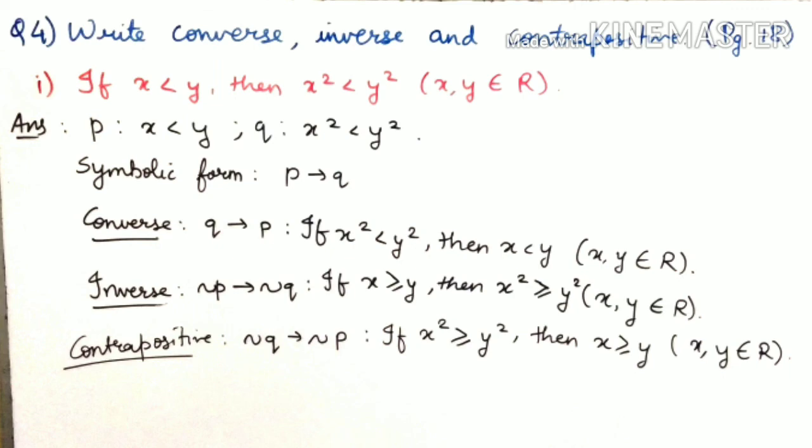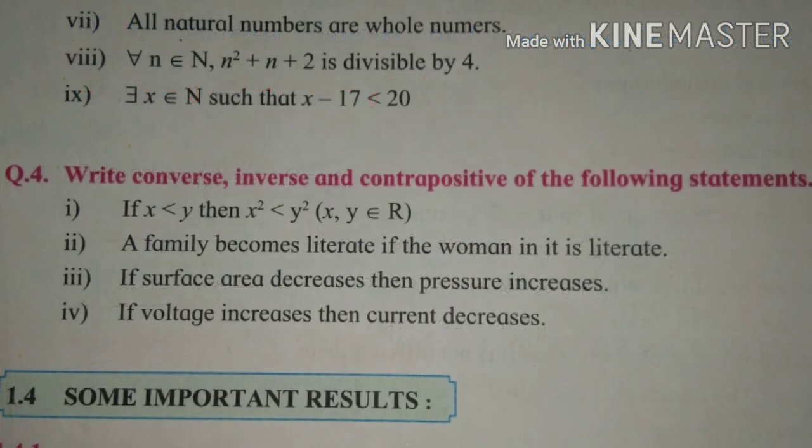Similarly, contrapositive, the symbol for contrapositive is negation Q conditional negation P. If x square greater than or equal to y square, then x greater than or equal to y. In the similar manner, you have to solve the next examples from book.